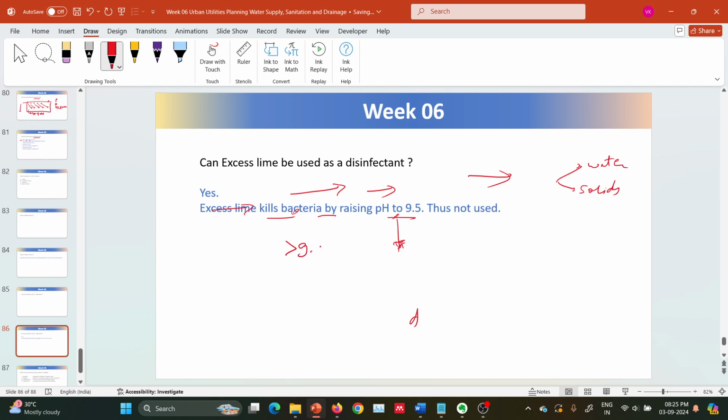The pH increases up to 9.5, and microbes can't survive beyond this pH, so they will die. That's why it can be used as a disinfectant.